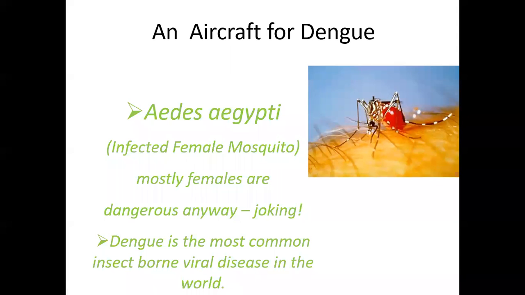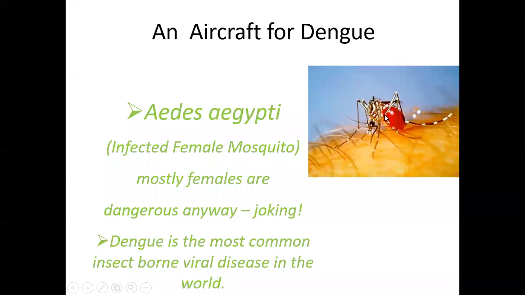So this one is the vector for the dengue. This is the mosquito. The Aedes aegypti mosquito has whitish spots on the legs as well as on the body, and this is the peculiarity of the Aedes aegypti. It carries the dengue virus.